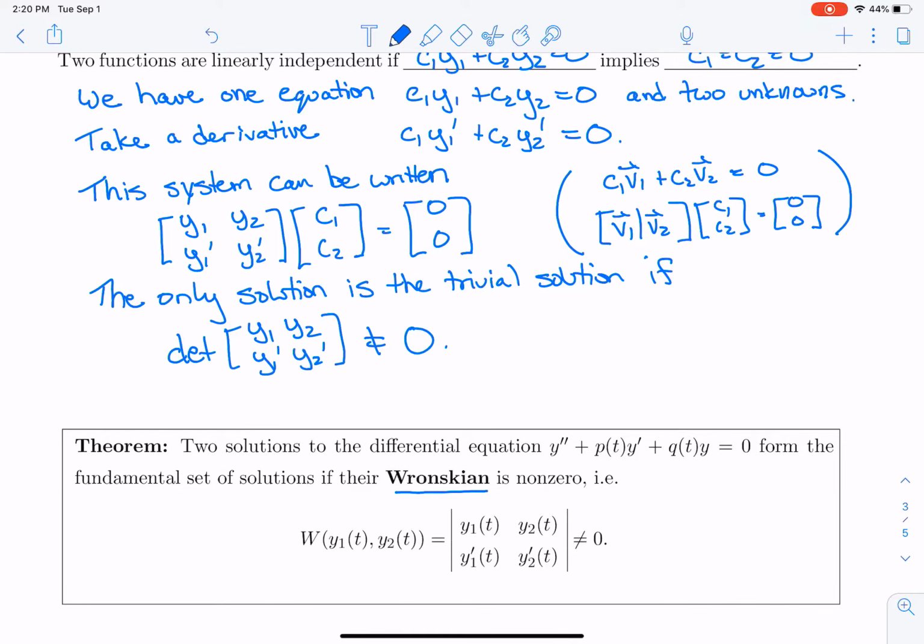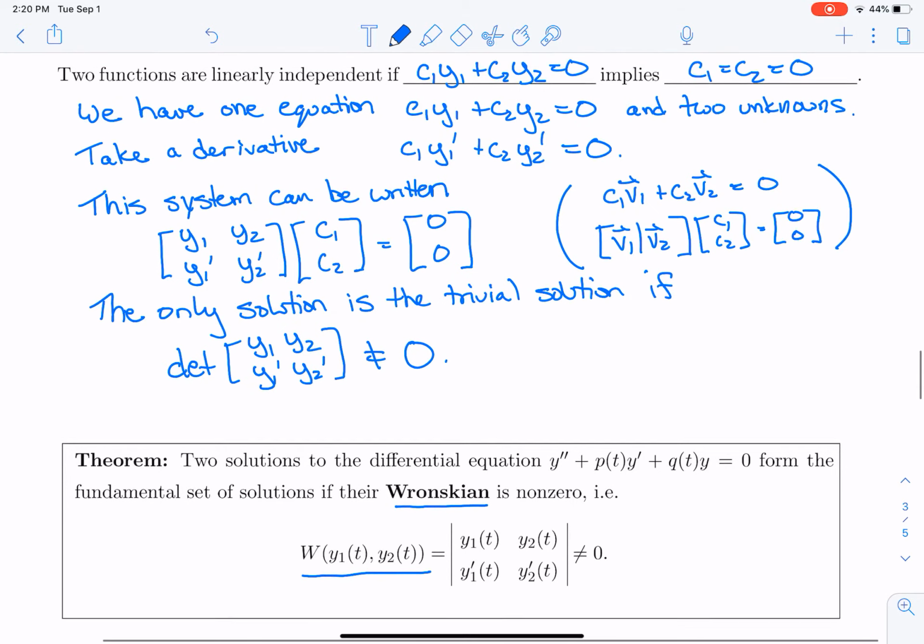So if they're linearly independent, then we can show that that determinant is not equal to 0. So we're going to say that W of the two functions is the Wronskian. Now, that really only shows independence.